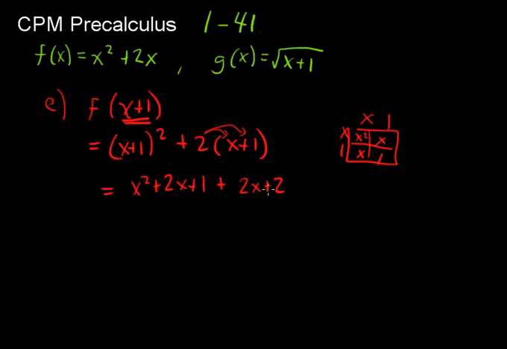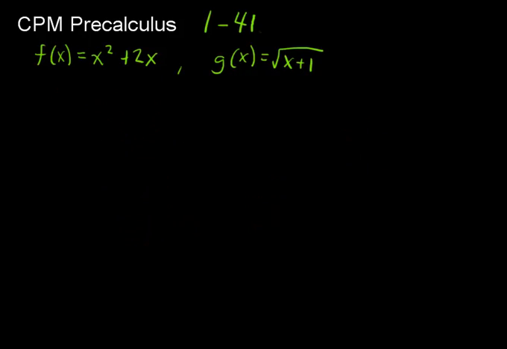Make sure you remember to keep both of these there. And then we simplify by combining like terms. X squared plus 2x and 2x, 4x plus 1, 2, 3.